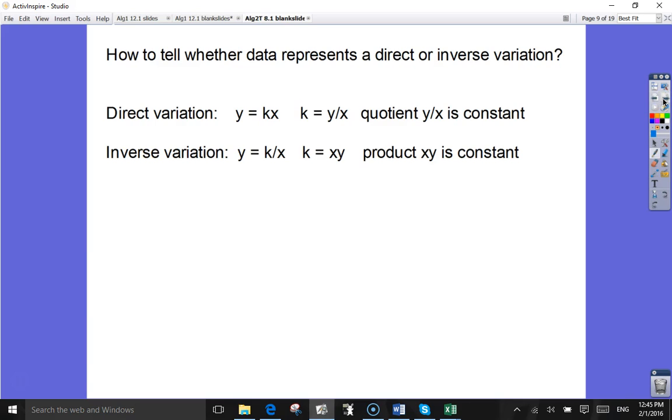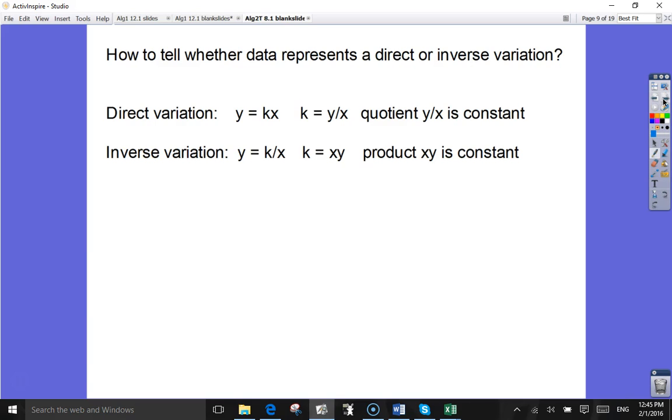Now let's try not to mess this up again. If you're given data and you want to check to see whether it's direct or inverse, then as I just showed you, for a direct variation, if you solve for k, you get k equals y over x, which means even though x and y are changing, their ratio, y divided by x, is always a constant.